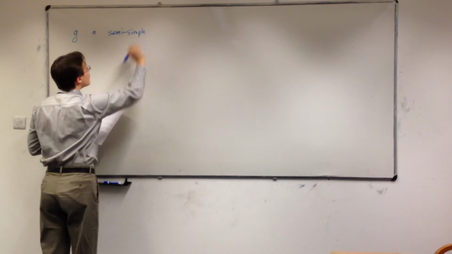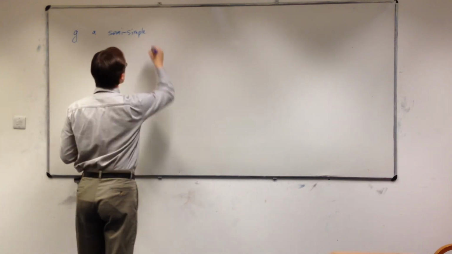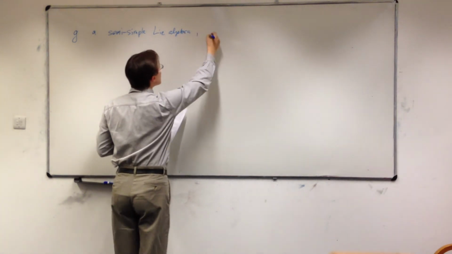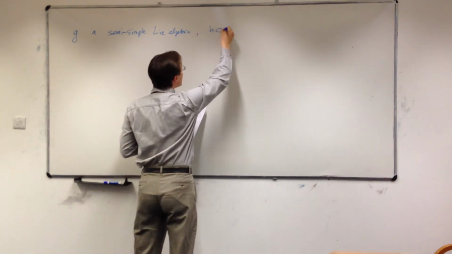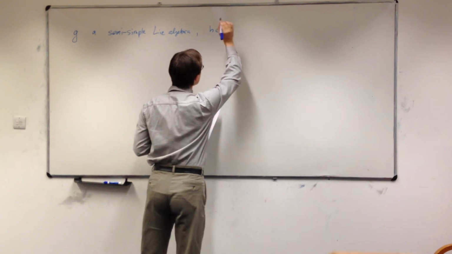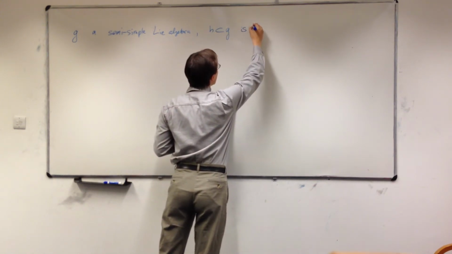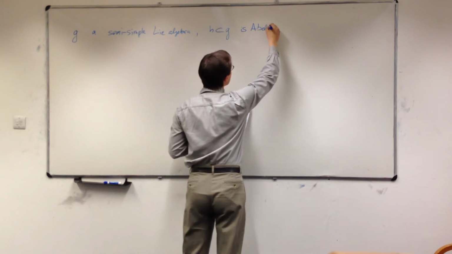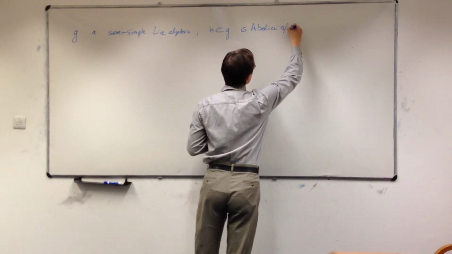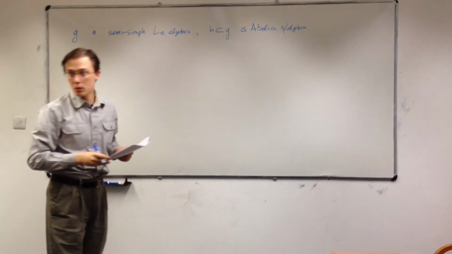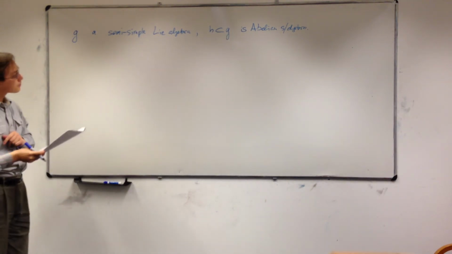semi-simple, for what it is, look at the previous lectures, and H is a subalgebra of G, and also is an abelian subalgebra. So all elements of H commute between themselves.